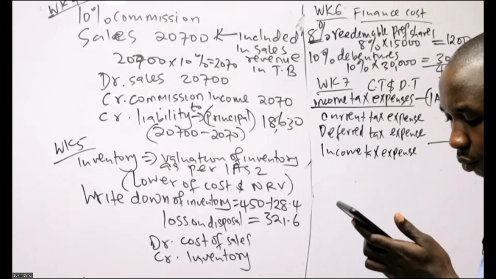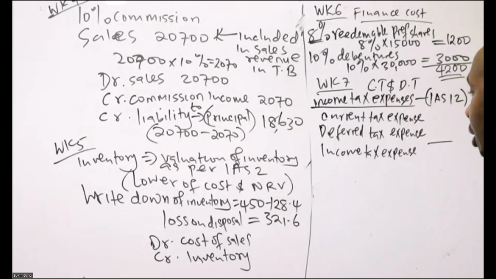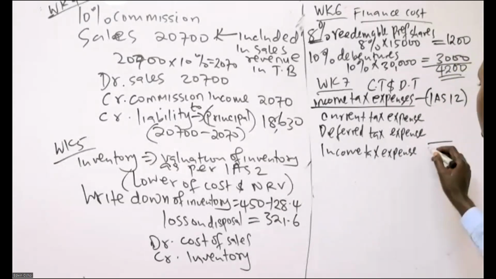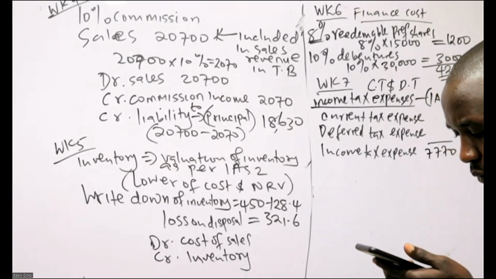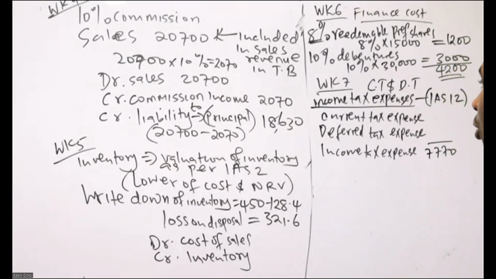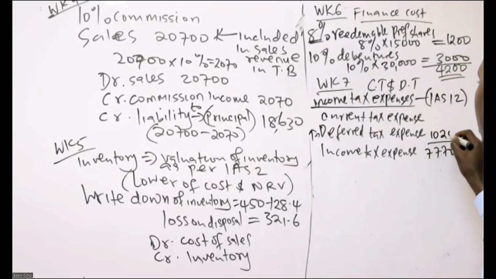You were told already that the tax expense for the year, which is the income tax, is 7,770,000, inclusive of an increase in deferred tax of 1,020. So the current tax is 7,770 minus 1,020, which is 6,750.